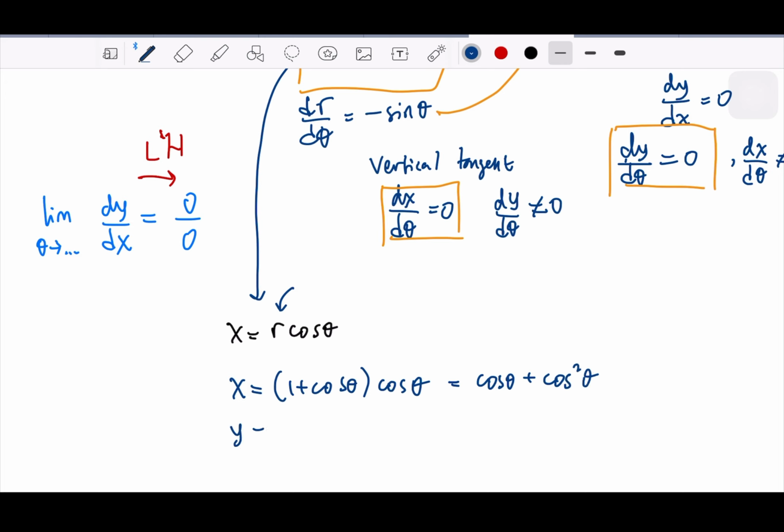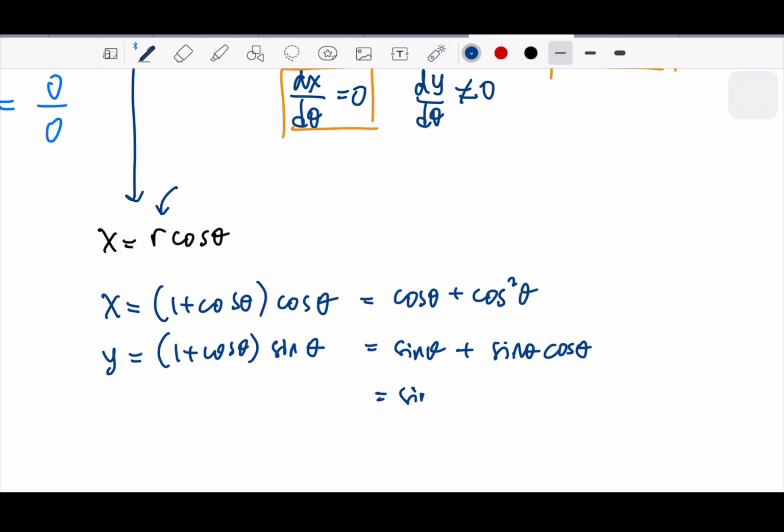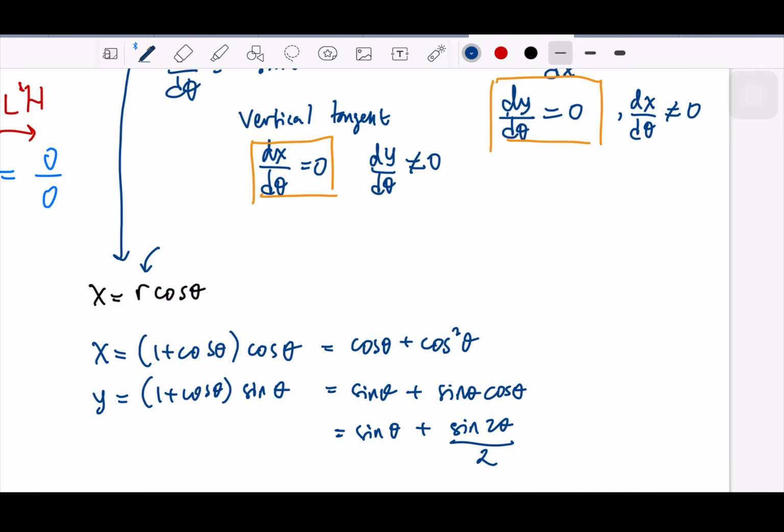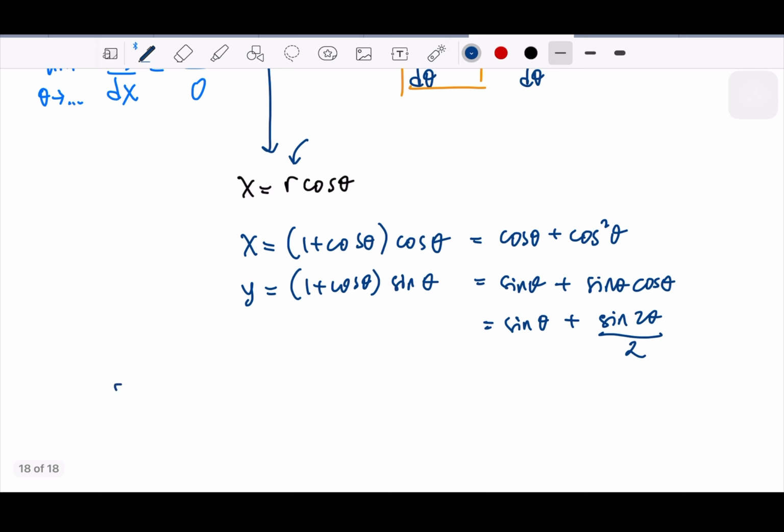And the same way, y is r sine, so we have 1 plus cos theta times sine theta. And then we can also write it like that, okay? Or you can even write it in a more simplified form, okay? The next thing is we apply our dy over dx using our parametric approach directly, okay? Like the usual parametric calculus.